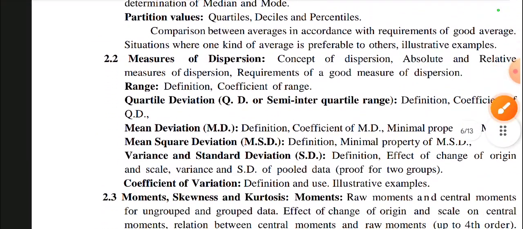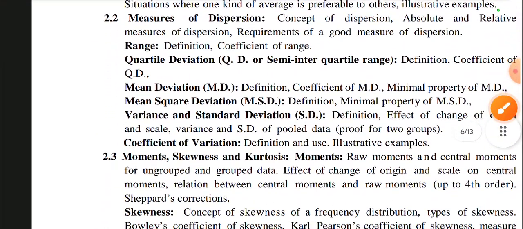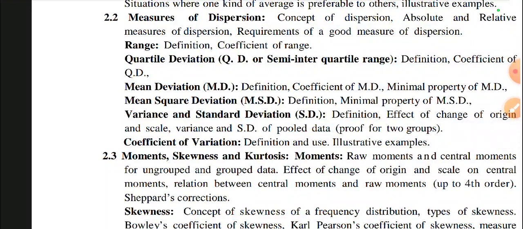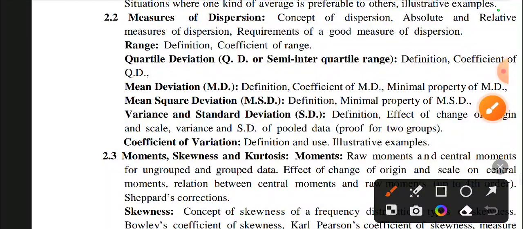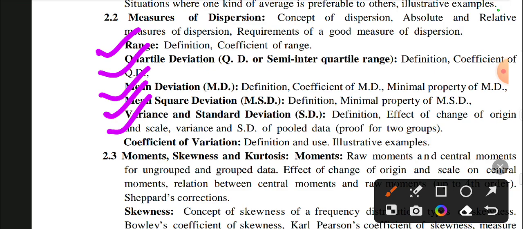The second subunit is related with measures of dispersion, where we discuss the concept of dispersion and a few measures: range, quartile deviation, mean square deviation, variance, and finally the coefficient of variation.